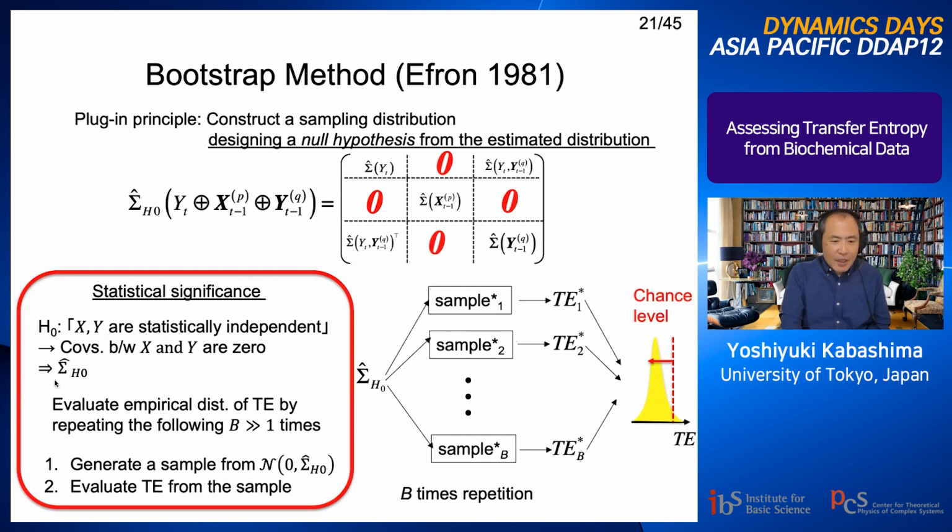We handle this covariance matrix as if it were the true one, and do the same procedure as before: evaluate the empirical distribution of transfer entropy by repeating these steps B times. Then we can construct a histogram of the transfer entropy and evaluate the chance level.